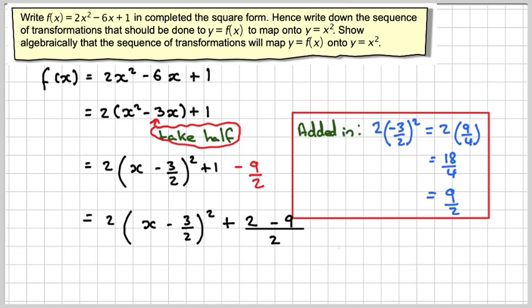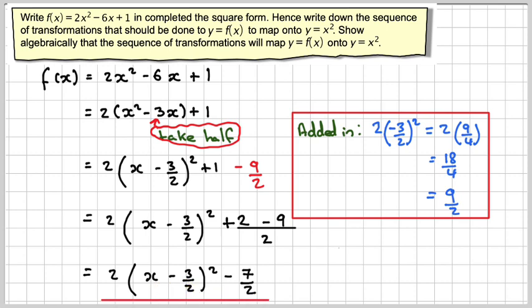Two minus 9 over 2, which will give me 2 minus 9, which will give me minus 7 over 2. So in completed the square form, we're going to have 2 times x minus 3 over 2 all squared, minus 7 over 2.